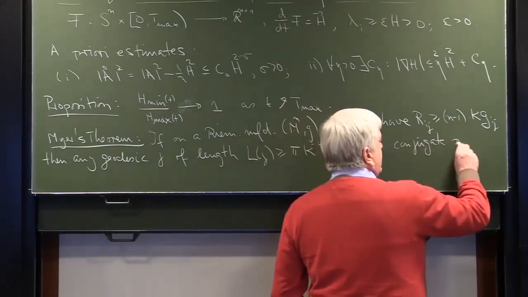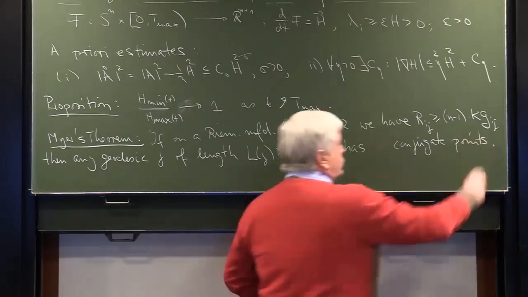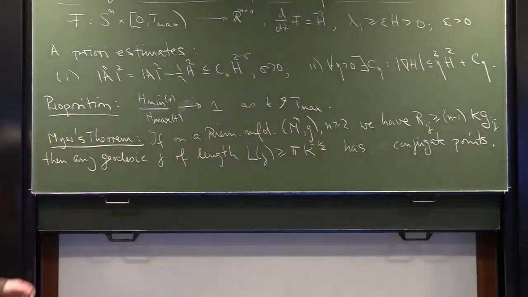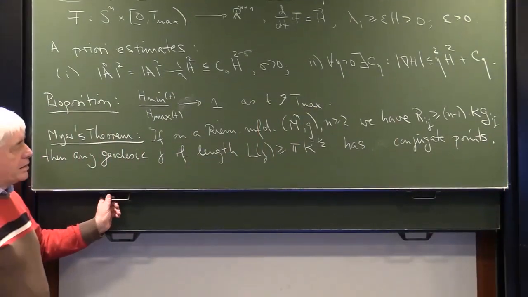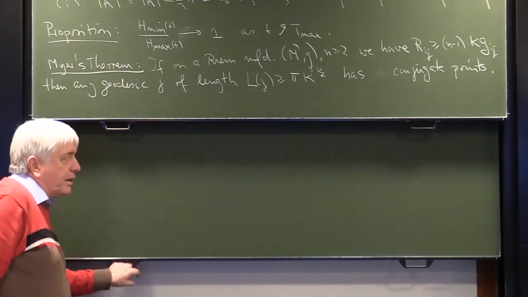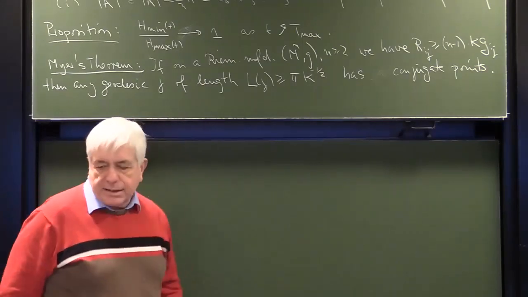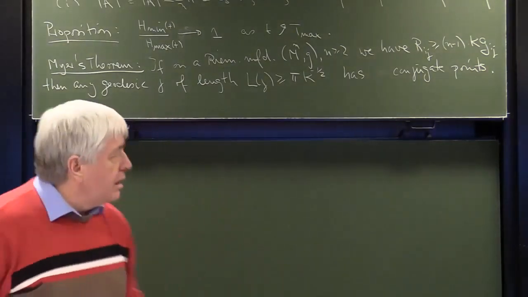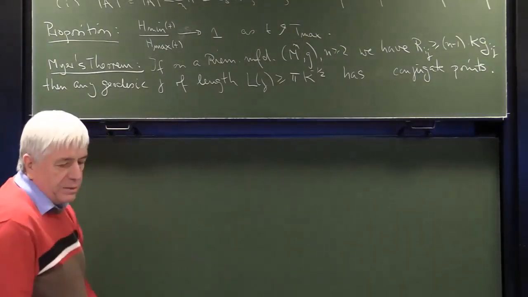Conjugate points always need 2 points to be conjugate to each other. And this is proved with a second variation argument along geodesics. And with this, we can prove the proposition.